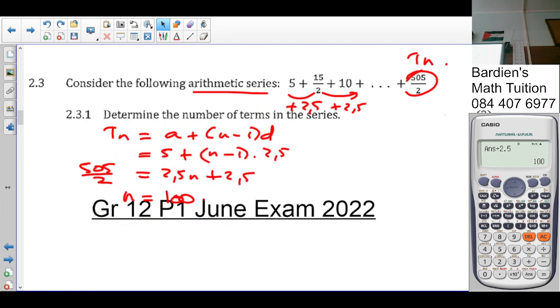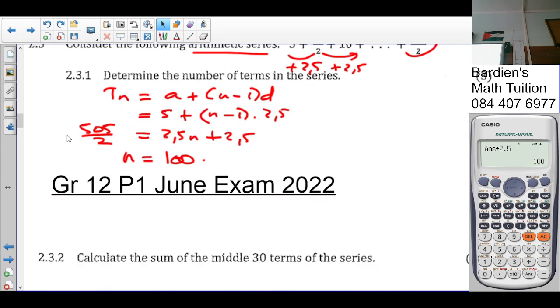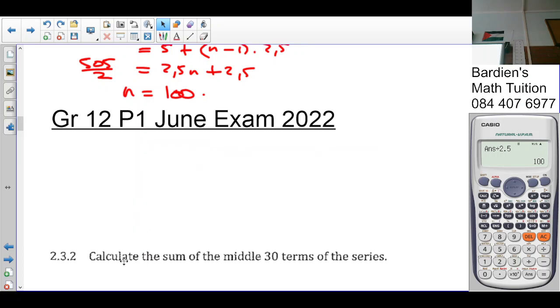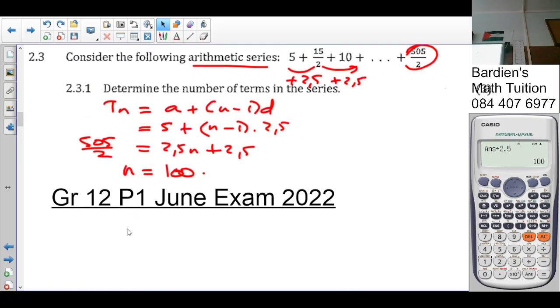Next question. We are asked to calculate the sum of the middle 30 terms of the series.